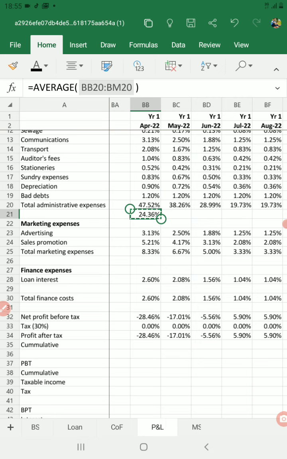And of course the annual average is less than this. The common size financials in the annual computation was 22, but the average for the year is 24, and this should be because of the weights.